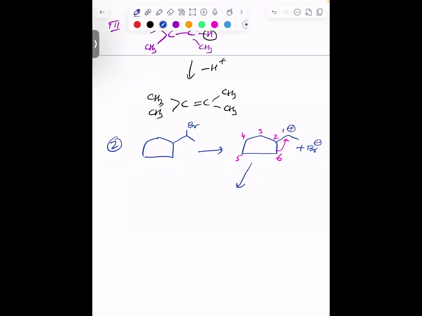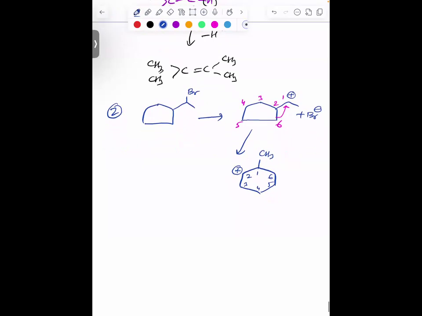Now a 6-membered ring is formed. You can put the numbering with carbon number 1, one methyl group is present, and with carbon number 2, the positive charge is there. Next, one more rearrangement is possible.